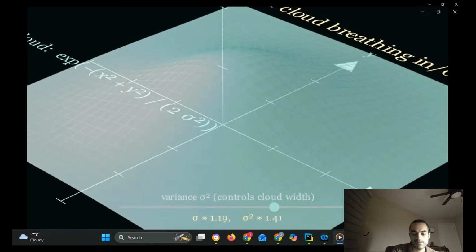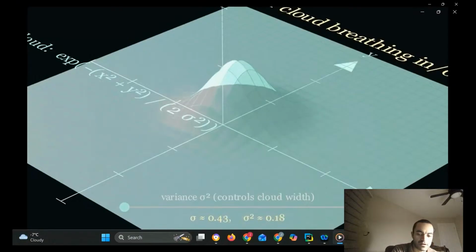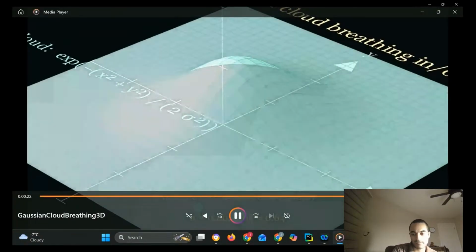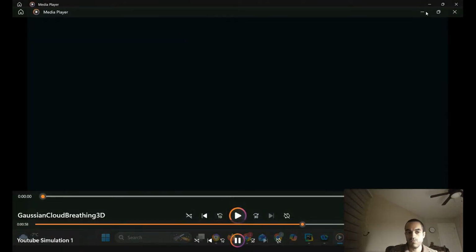Depending on whether sigma and sigma squared are increasing or decreasing, it affects the cloud width of the Gaussian cloud. Does anybody know what type of probability distribution?